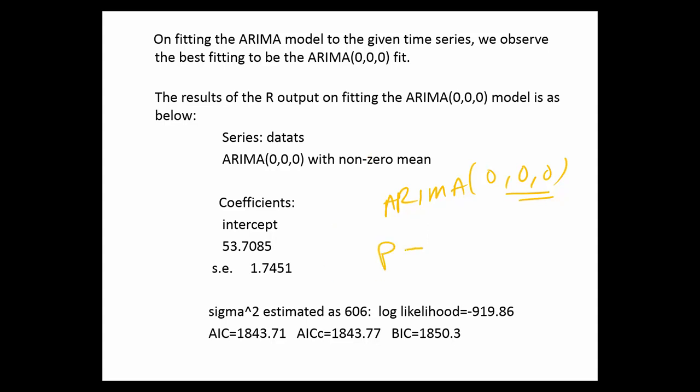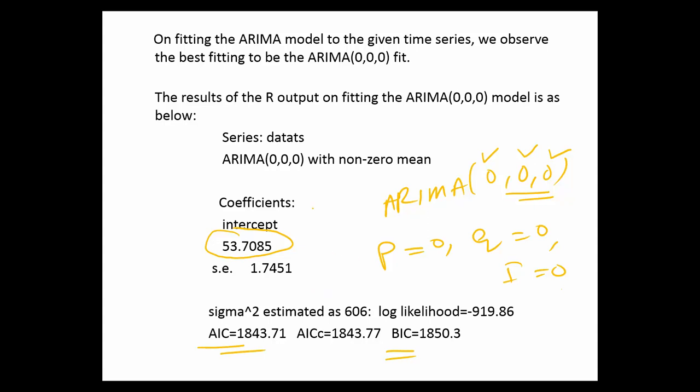That means the P lag is 0, the Q is 0, and also the I is 0, right? And it only has an intercept. It does not have slope coefficients because there is no AR component, integrated component, or MA component. So slope coefficients are all zeros, right? And you also have the AIC and BIC.